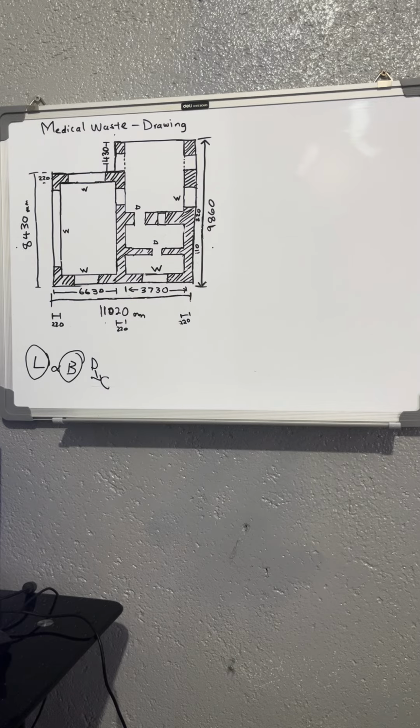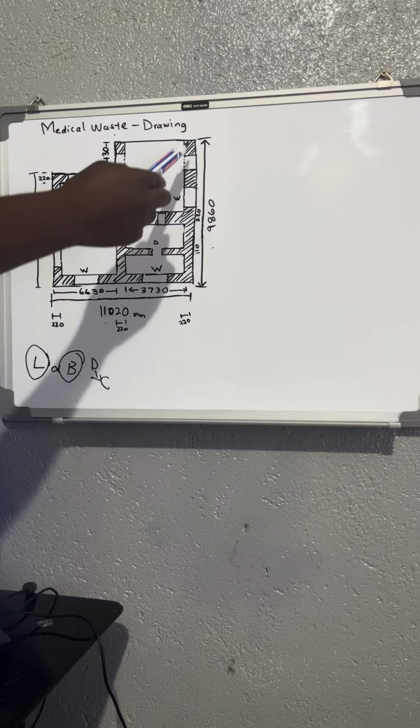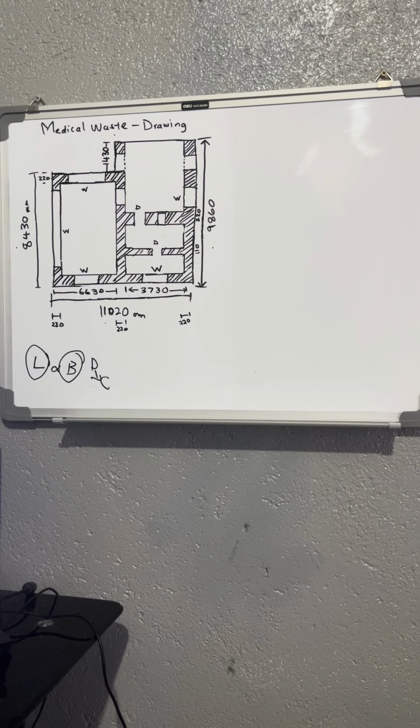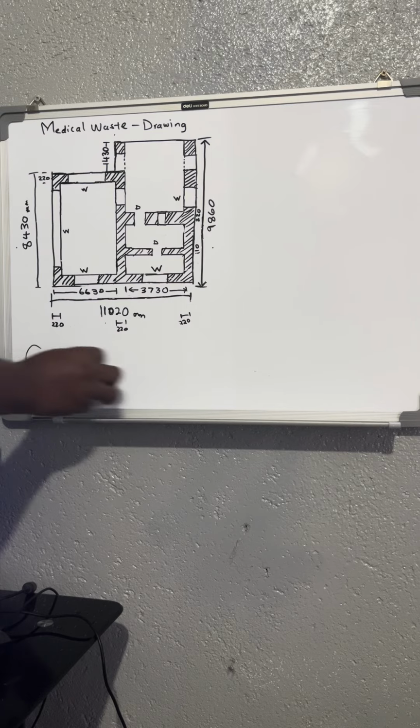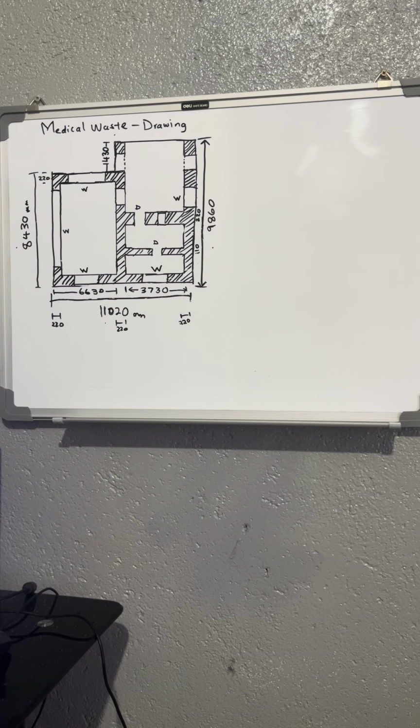So it's as easy as that. So what do I mean? The corners, we're only going to be deducting the two corners on the left and also the two corners on the right. Then the length, we just take them as they are, as simple as that.